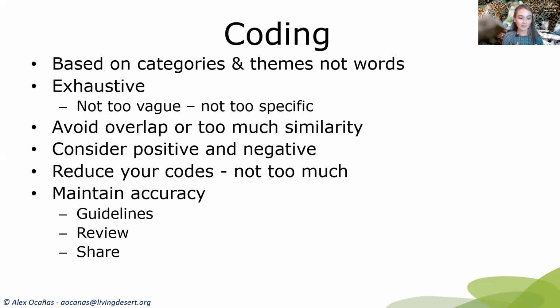So by having these guidelines, it can help us avoid that, having those clear definitions, and then in general, just reviewing the data. So this will be clear, you're not going to code it just once. You'll have to go through it again, revisit, reorganize as you go.